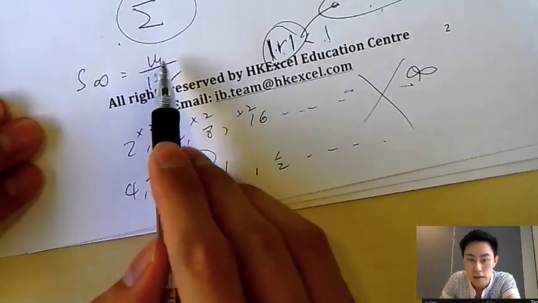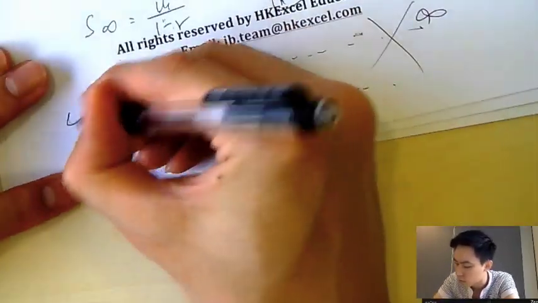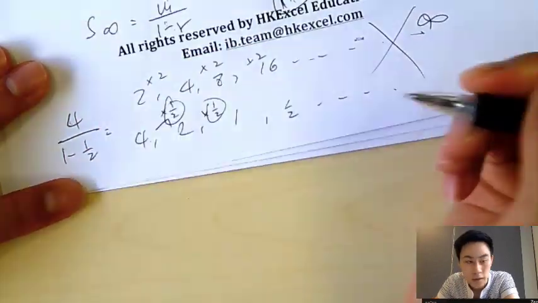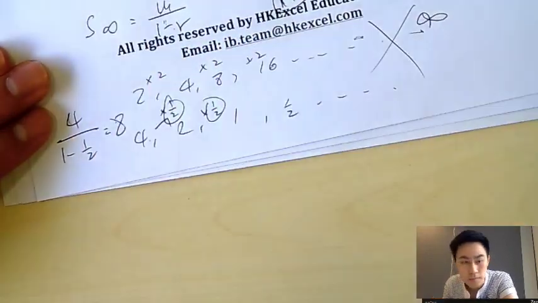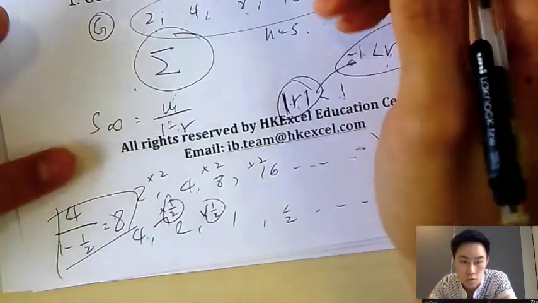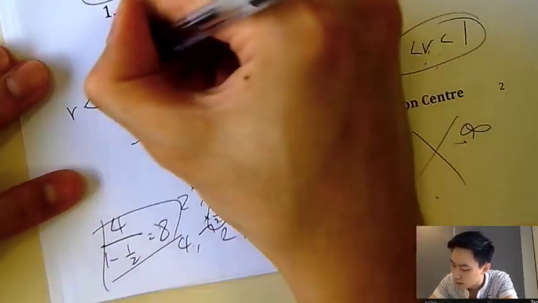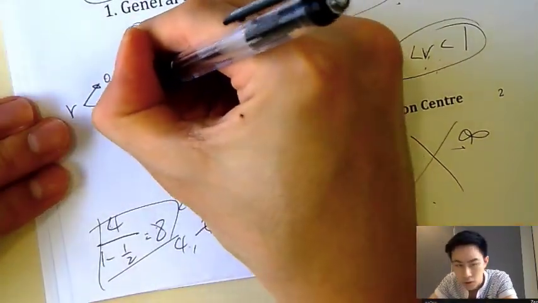So that's why you can use this one. u1 is the first term, over 1 minus r, so this one will be 4 over 1 minus r, which is equal to 8. This is an important thing you need to know. Usually some of the questions will give you a quadratic equation, then you have 2 r values. So maybe one is like 0.2, another one is 2.